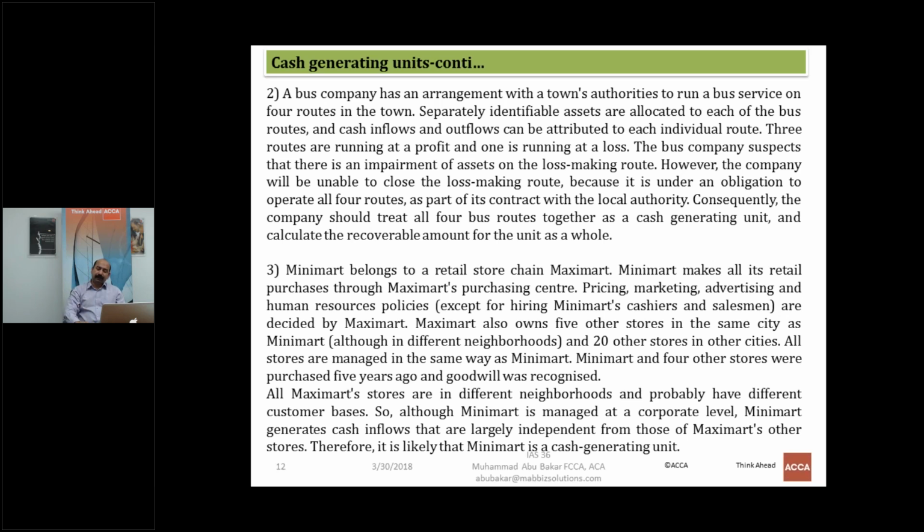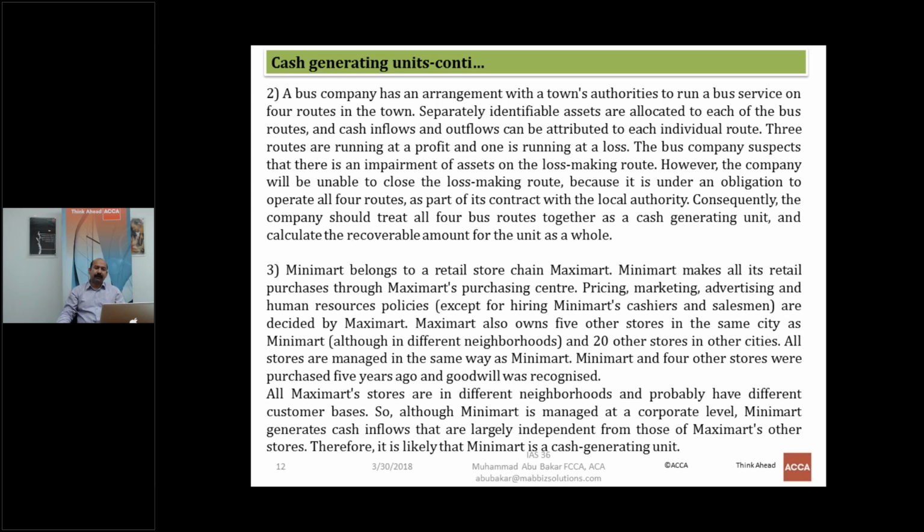The key point, which will be used in deciding about the smallest group of those assets which can become a cash generating unit, is generation of independent cash flows, largely independent cash flows.